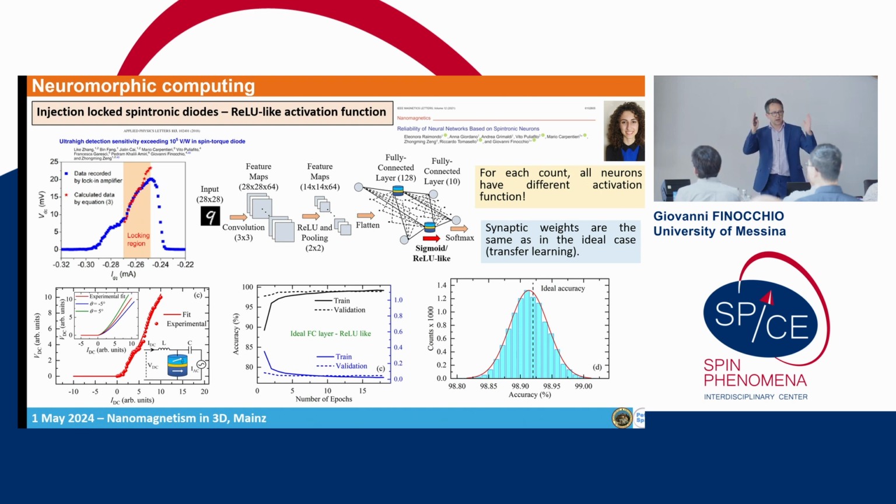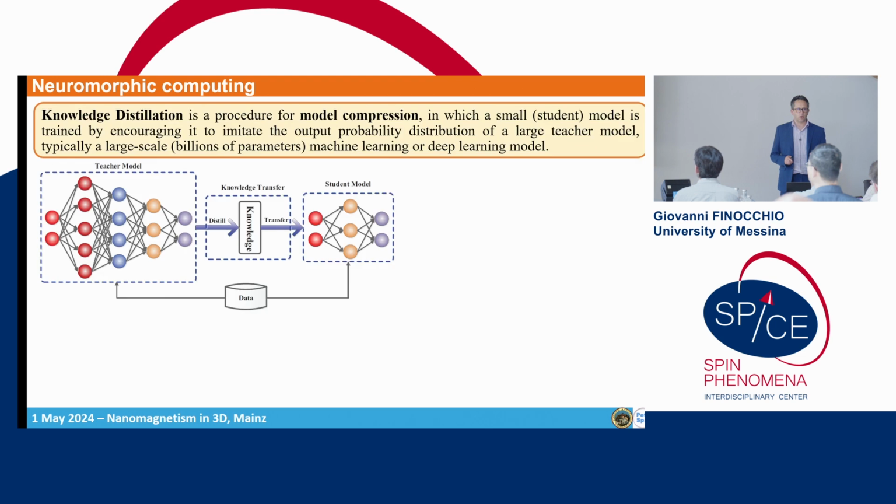So you have the same structure of the network, and then you map the same structure of the network in hardware. But of course, this is not always possible when you work at the edge, because the models that people are now developing are very, very complex. So you have billions of parameters. So an effective way to do transfer learning now is basically using a different concept, which is called knowledge distillation.